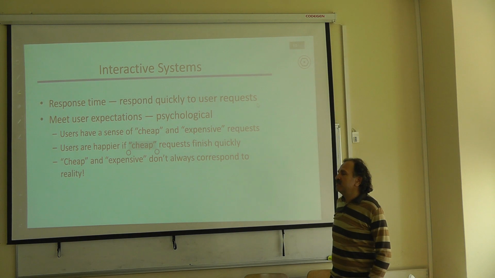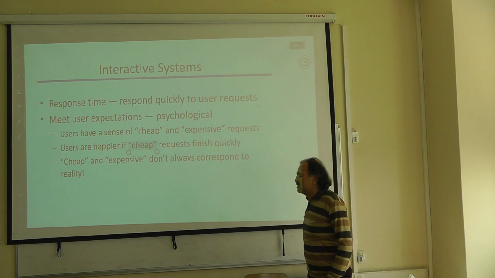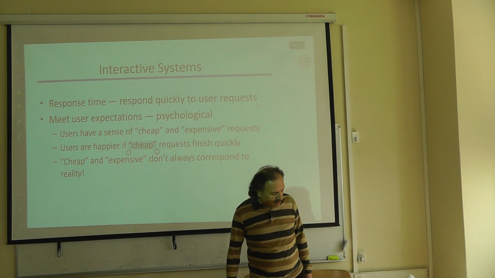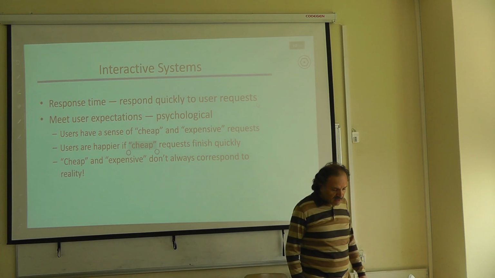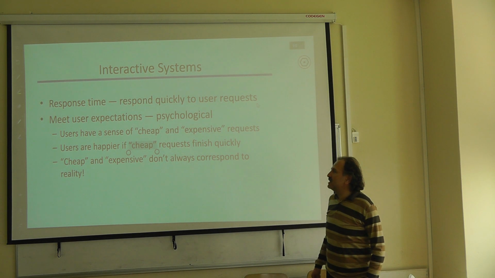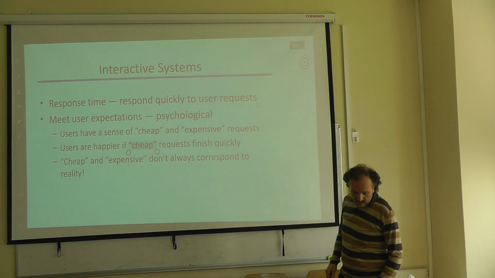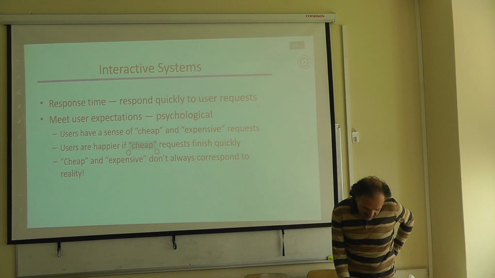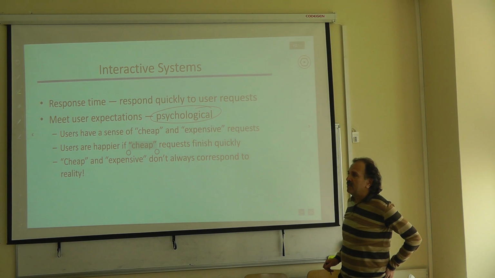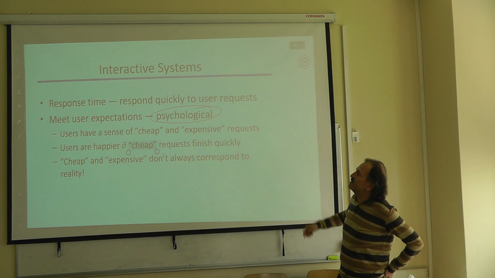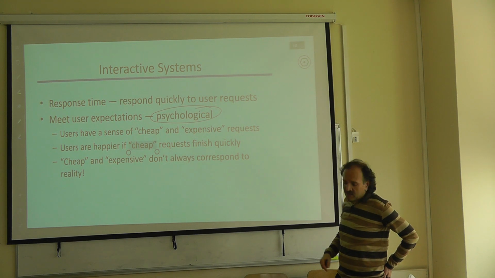I don't expect to upload 2 gigabytes of video to YouTube in a few seconds. Those are expensive. So that's the user perception, user psychology. Operating systems have some things to do with human psychology. Everybody wants their job to be done in a very short amount of time. That's the interactive system, and the scheduler should pay attention to this kind of criteria.